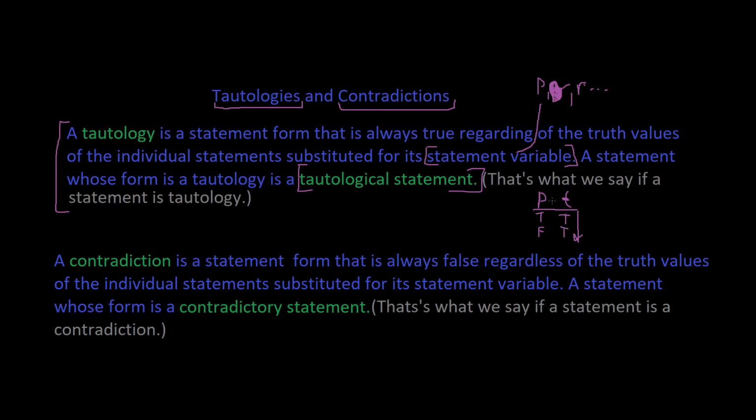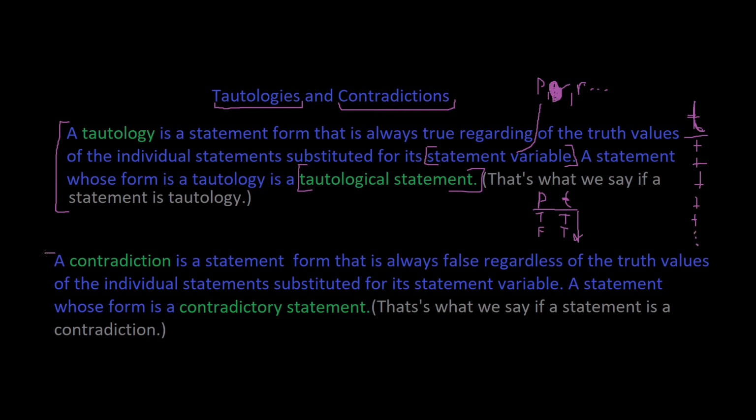And let's say we had 10 statement variables, all the way down the column it's all going to be true: true, true, true, true, and so forth. Three little dots mean what? And so forth.